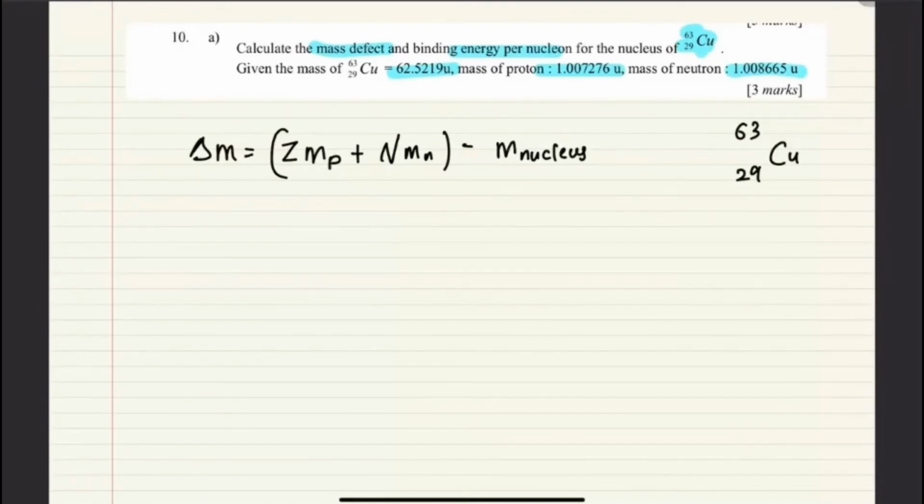So from this copper-63, with 29 protons, we know the number of protons Z is equal to how many? 29. The number of neutrons will be 63 minus 29, so this should be 34.